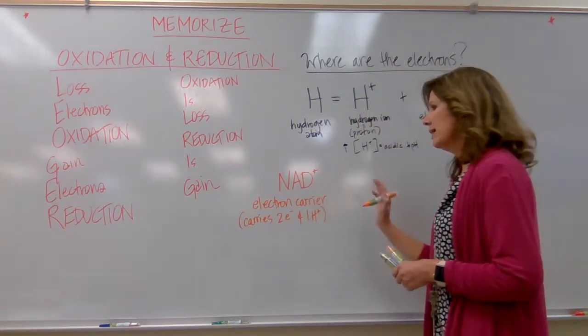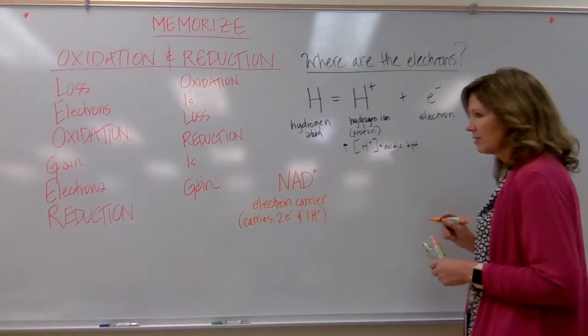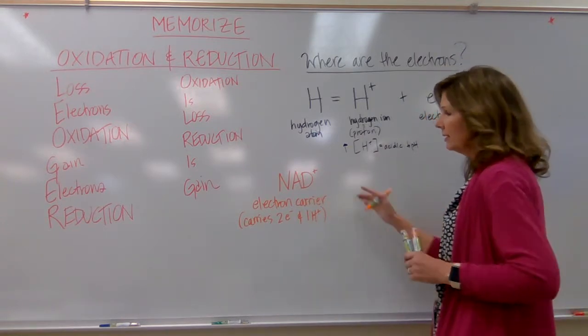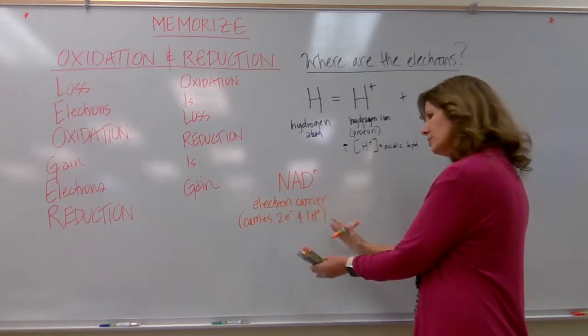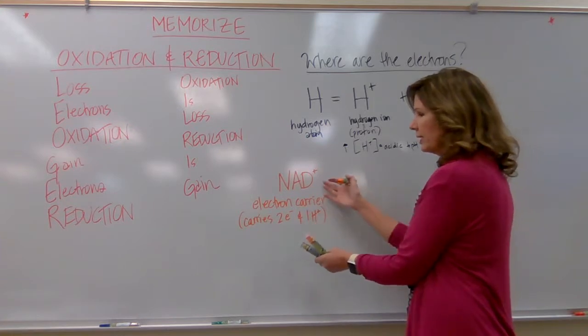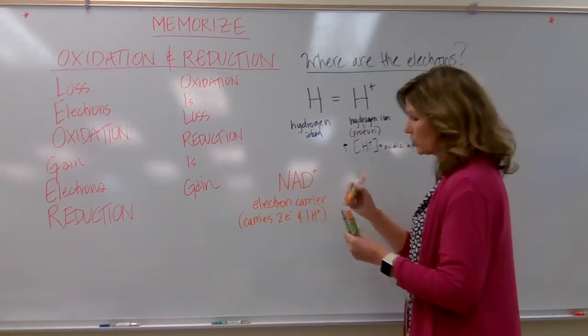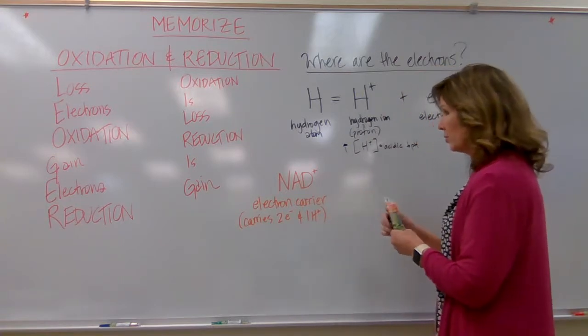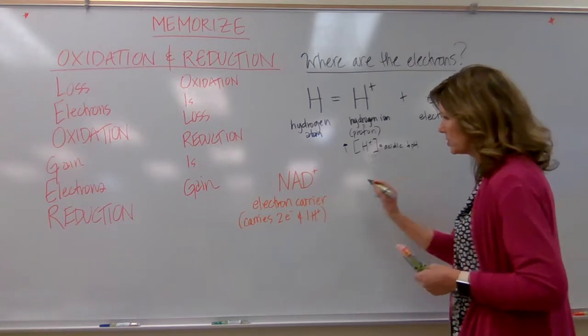Now I will say how NAD carries the electrons and protons not quite equally can also be a little confusing. So don't spend too much time trying to understand how NAD carries them. Try to understand which one is going to be oxidized or reduced.